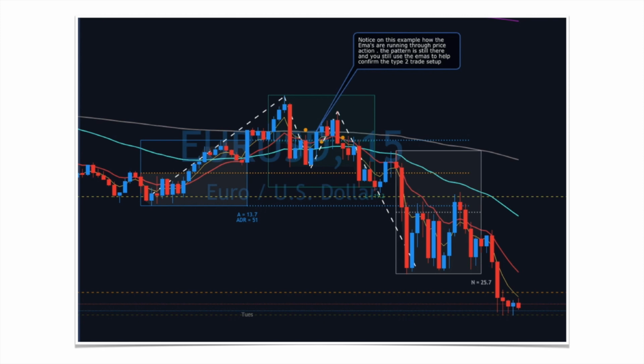Very important to understand that it's okay for price action to go above it as long as it comes right back immediately into the 200 EMA or whatever EMA you're bouncing off of. So again, this would be a great example of a confirmation for a type 2 pattern in the London session.